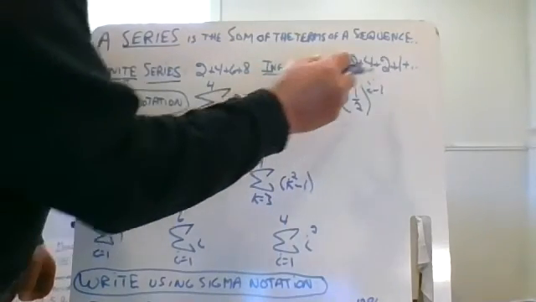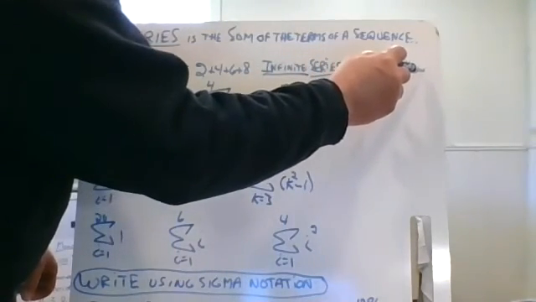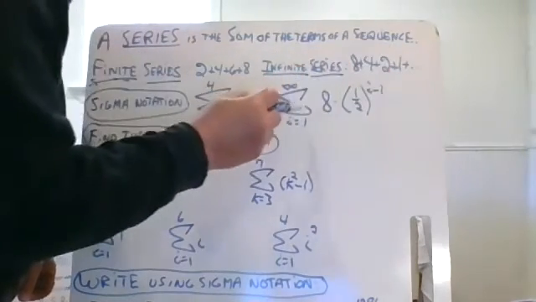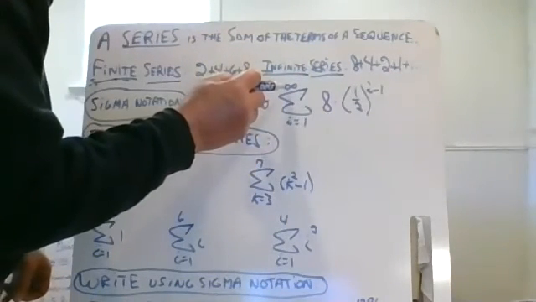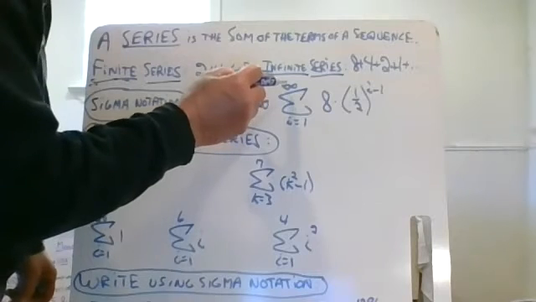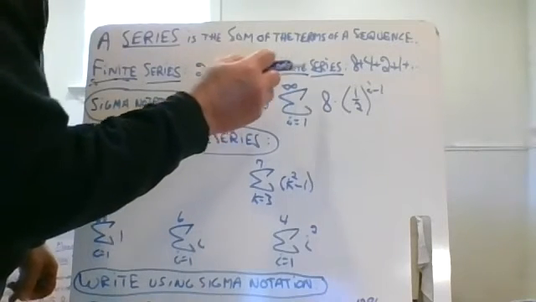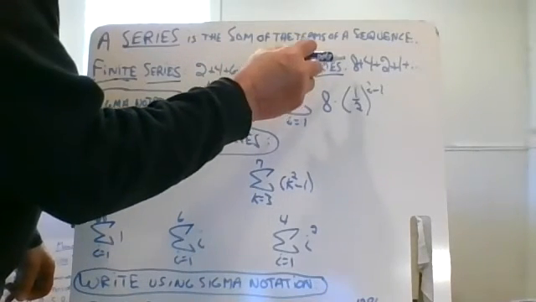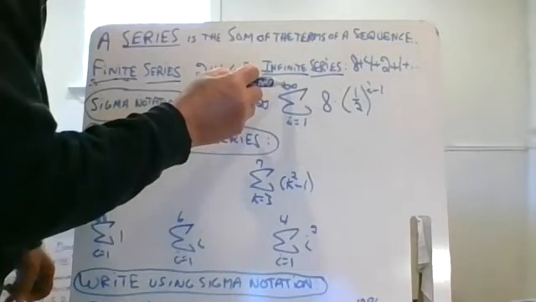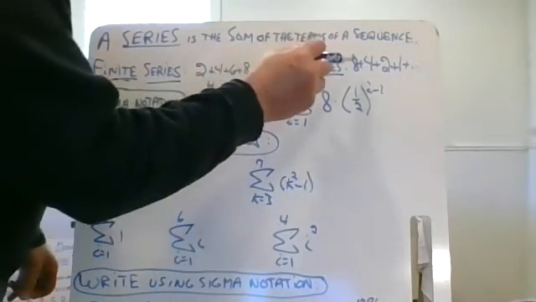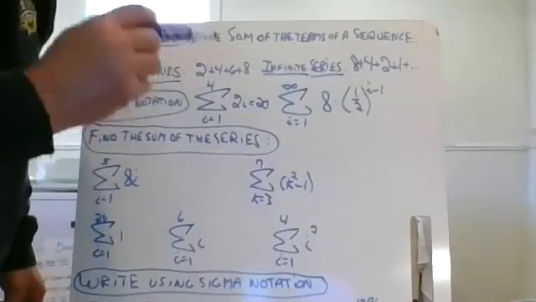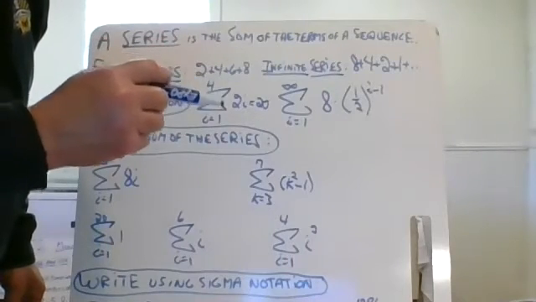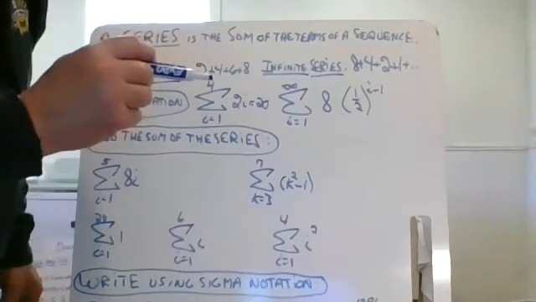And what we're doing here is an infinite series. And so we would say I goes from 1 to infinity. There is no upper limit. It's an infinite series. It has an infinity symbol. This happens to be one that does have a sum, because I know what special type it is.